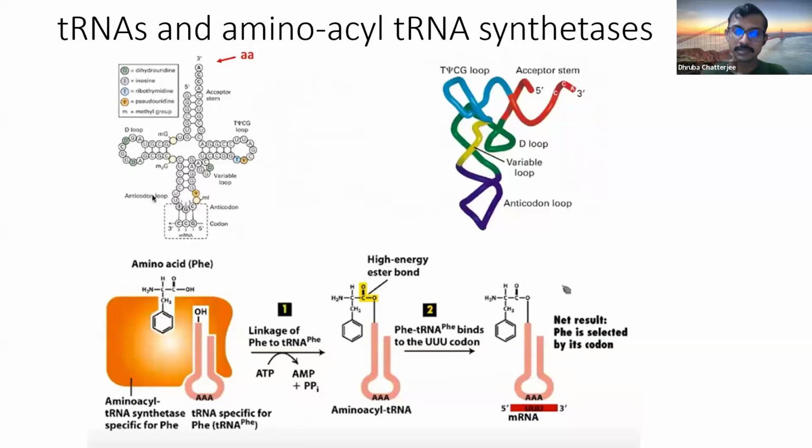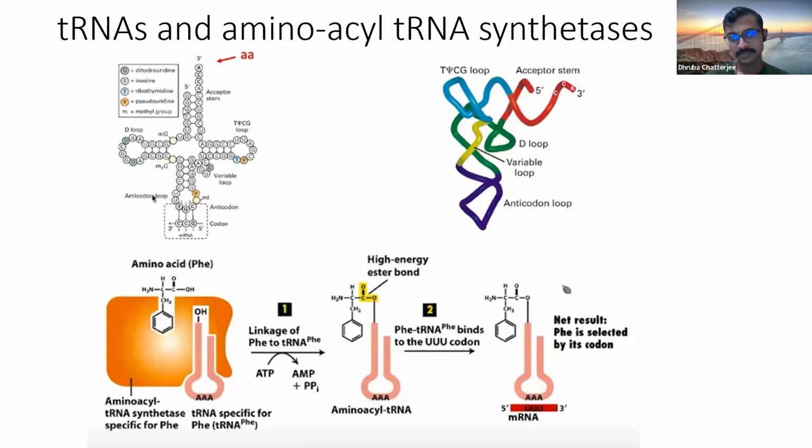So after the formation of single-stranded RNA, there can well be intra-chain hydrogen bonding interactions between complementary bases within this RNA, which leads to the formation of several secondary and tertiary structures, which is a classic case for tRNAs or transfer RNAs.